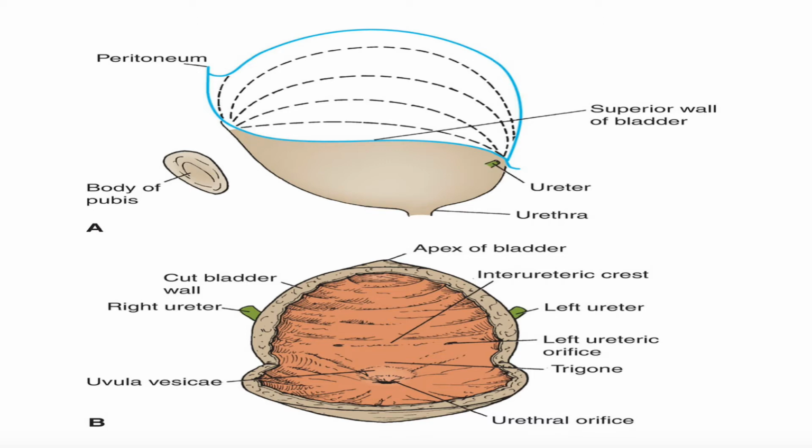The trigone is an area in the base of the bladder, and here the area is smooth even if the bladder is empty. We have a superior angle and we have an inferior angle. The superior angle represents the two openings of the ureters, and the inferior angle is where the urethra opens.